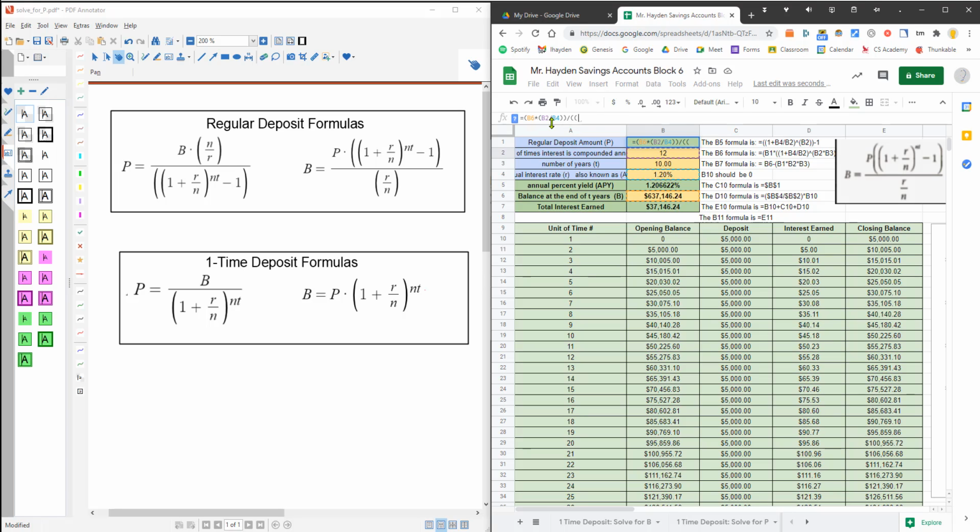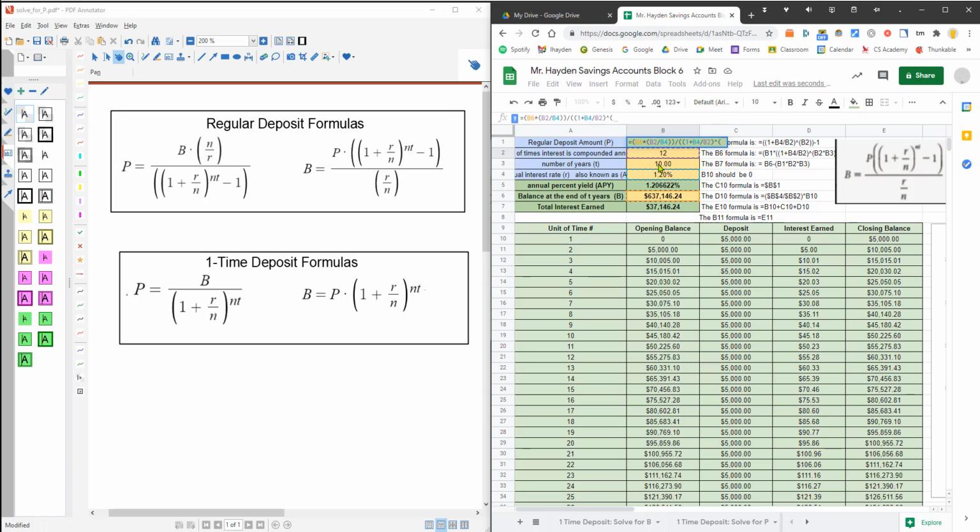I'm going to do two parentheses, and then it's 1 plus r. r is B4 divided by n. n is B2, close parenthesis, raised to the power, so the caret symbol, and then nt.